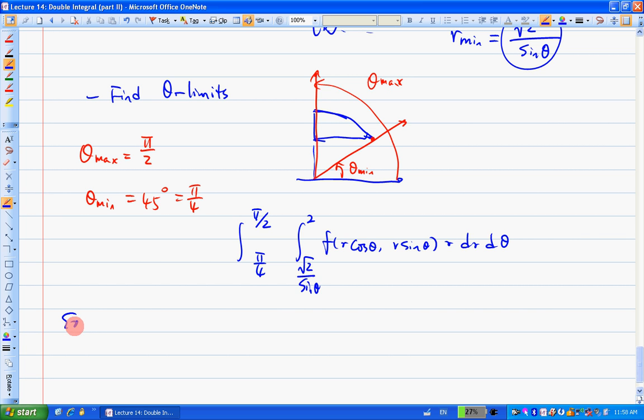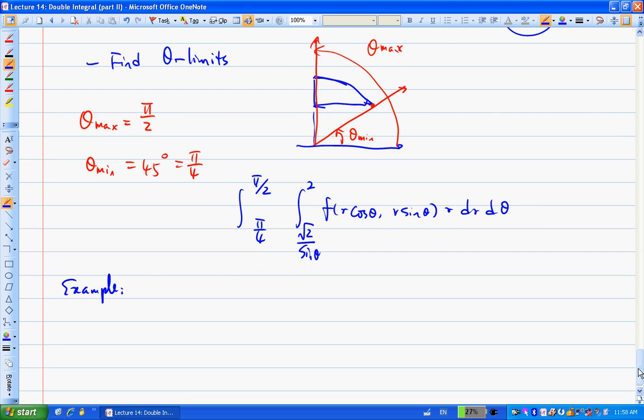Okay, so let's look at an example here. We're going to solve that particular challenge example from that previous question. So what was that question? That's y squared there, right? Okay, I used a different one, but anyway, let's try it.